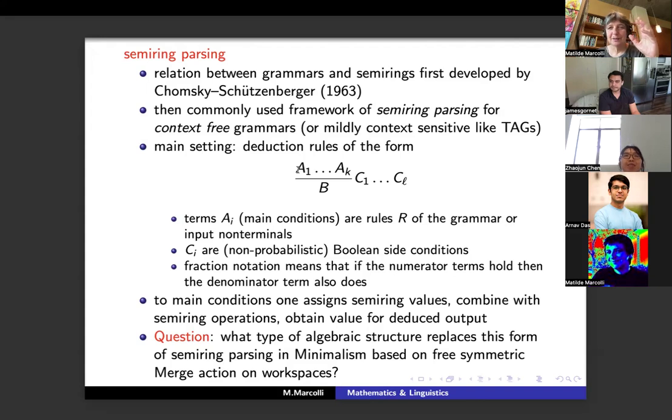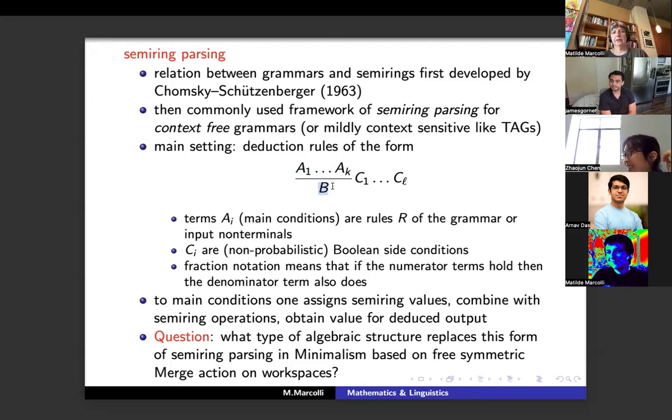And the meaning of these expressions is that what you write in the numerator here is certain rules of the generative grammars and certain non-terminal inputs that you can use for your derivation. And you have certain side conditions, which are usually Boolean, in the sense that they tell you that when certain conditions are met, you can do a certain derivation. So they're like controls.